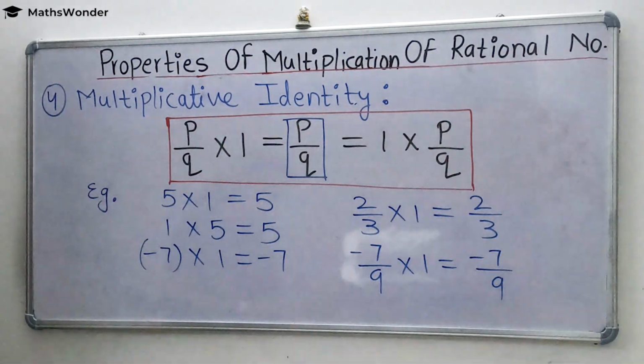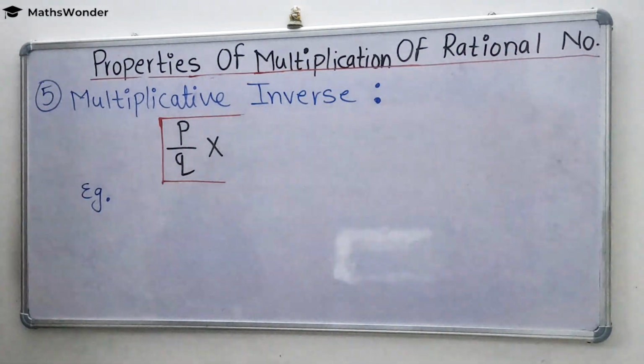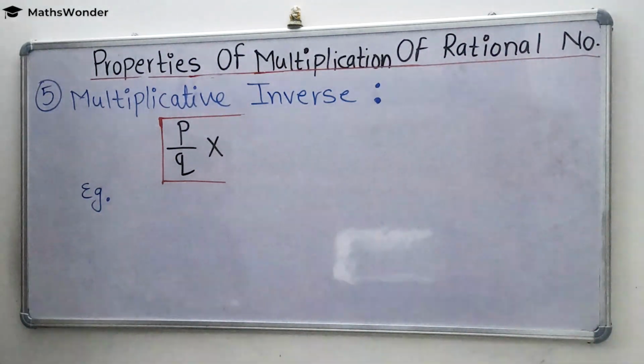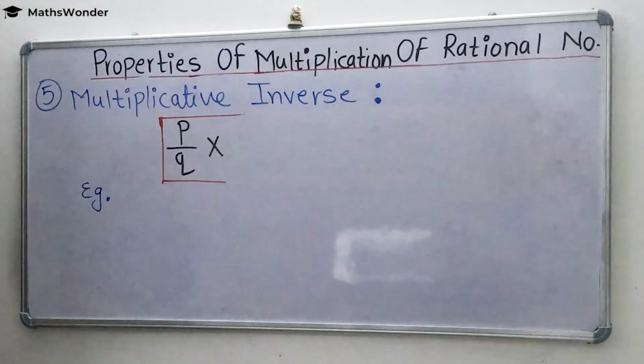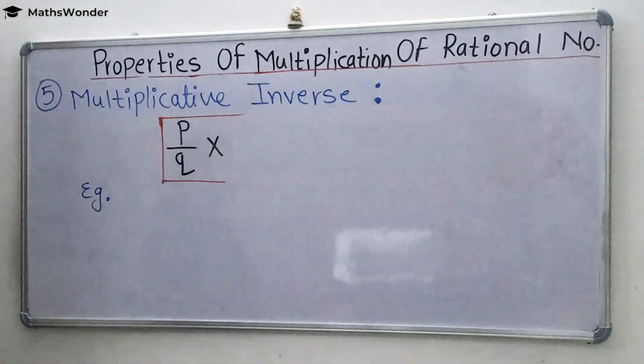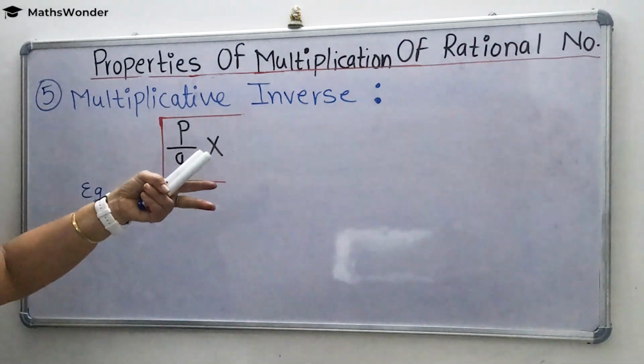Now the fifth property of multiplication is the multiplicative inverse. Do you know the reciprocals we have learned in the seventh grade? Reciprocal means you flip the number, right?